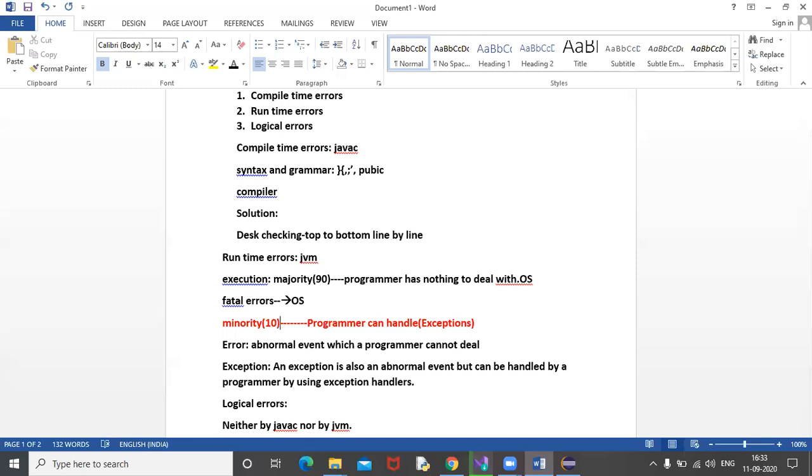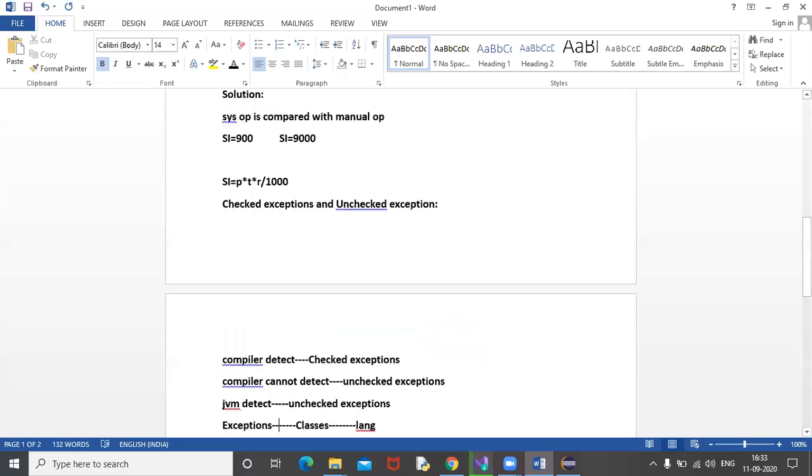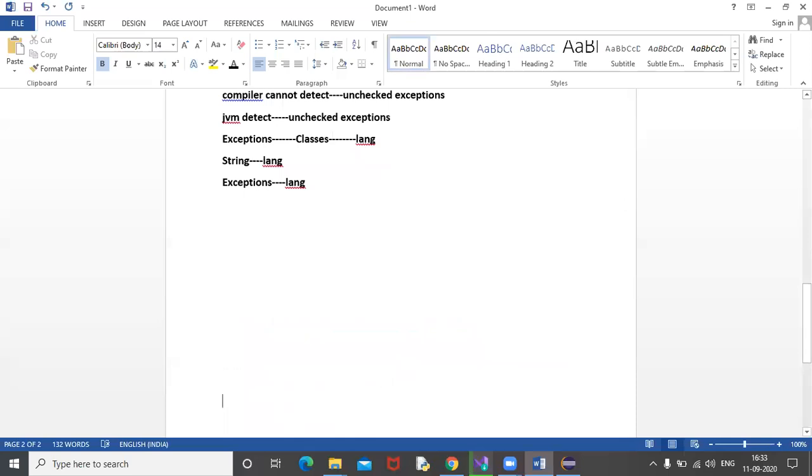That 10% makes for 2 to 3 days of concept. Some 16 years back itself, 48 plus exception classes were there. If you open the Java API, you can see 48 plus exceptions even now. One or two were added.